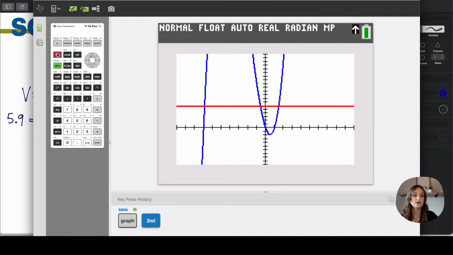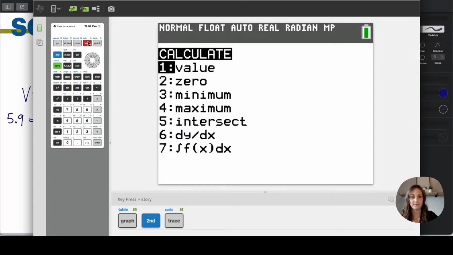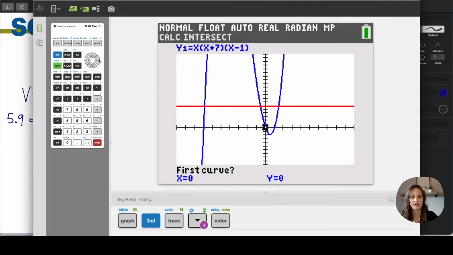So if you go to second trace, and we want to know the intersection of these 2 graphs, toggle over to where it is close to that intersection and hit enter.